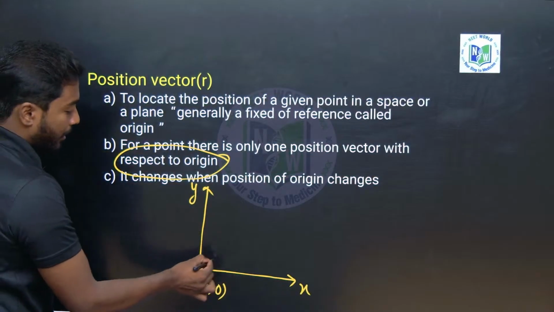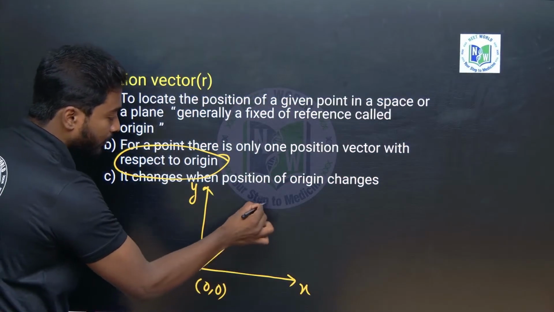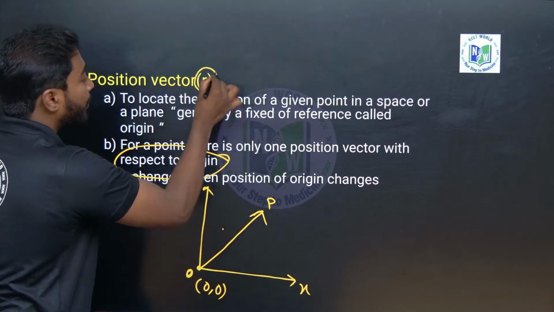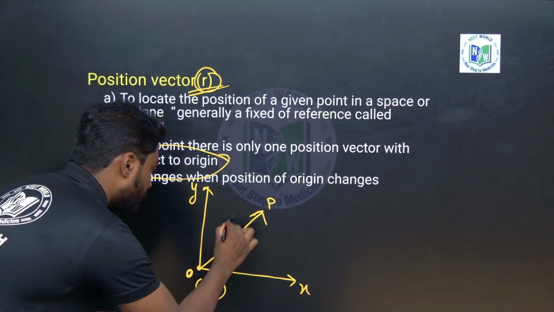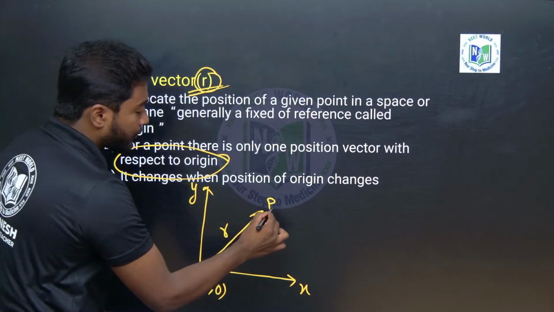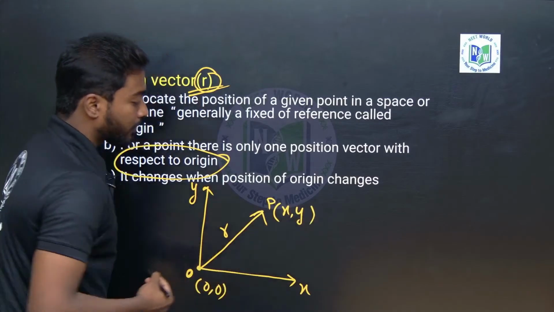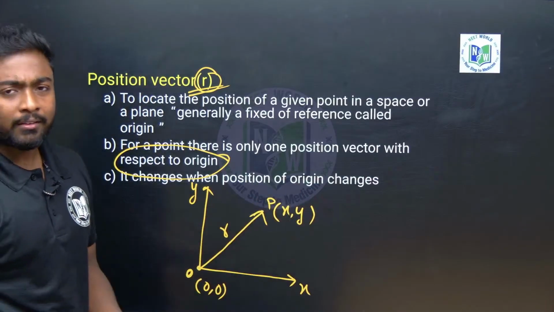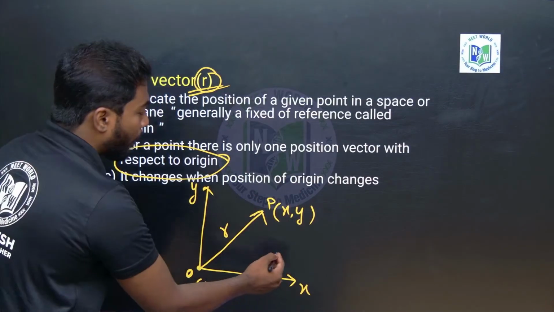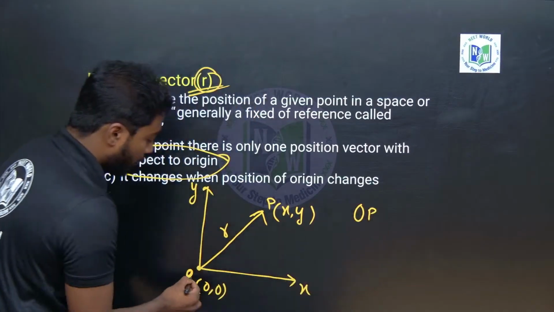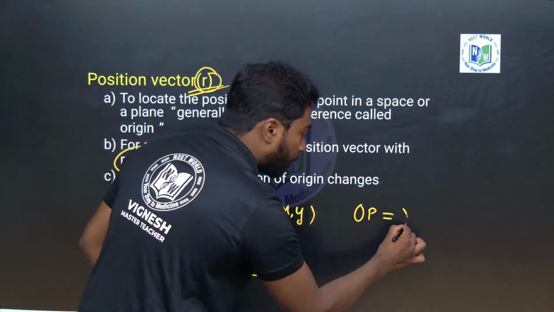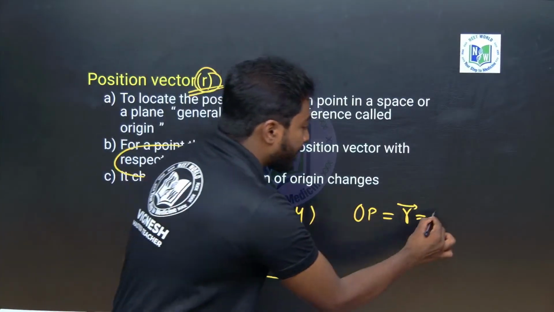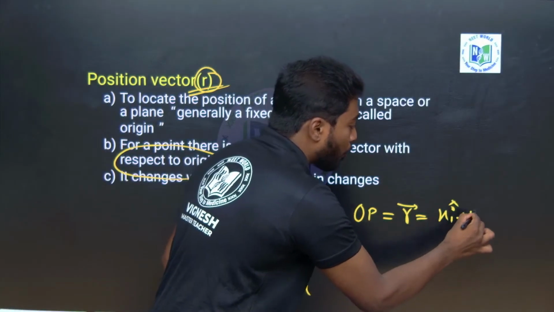If I take a point P, the position vector I will denote as R. This is my position vector, to the point x comma y, any point like 2 comma 3 or 3 comma 2, whatever point you take. So how can I represent OP? OP is equal to our position vector, which is equal to x i cap plus y j cap.